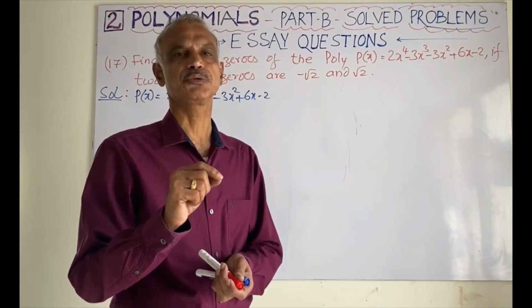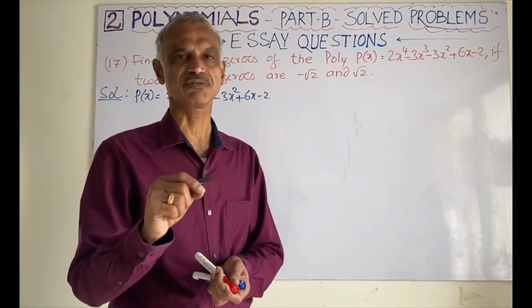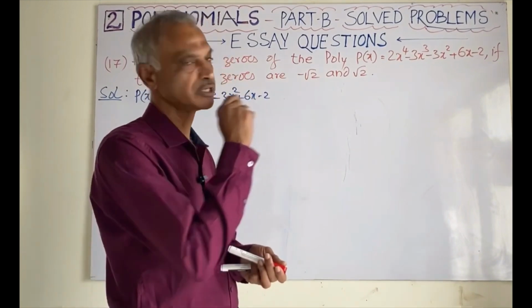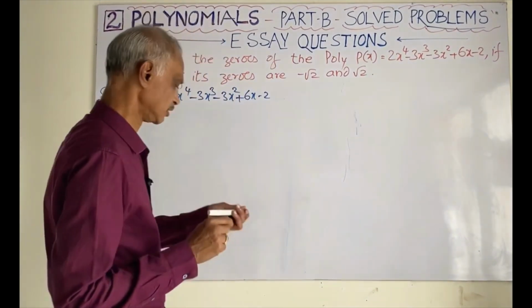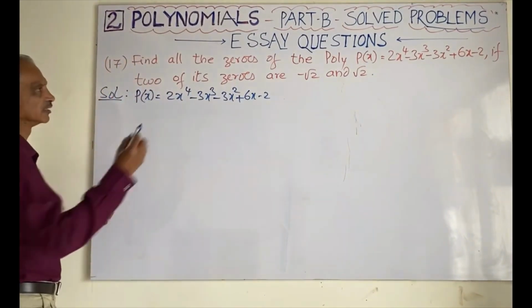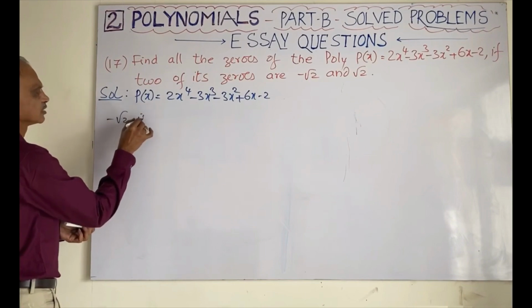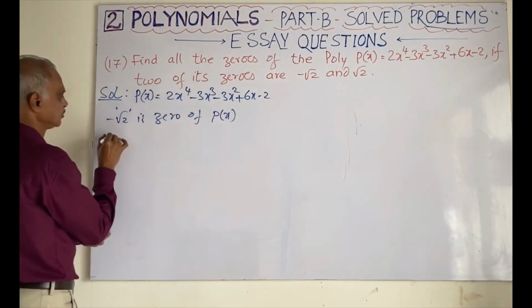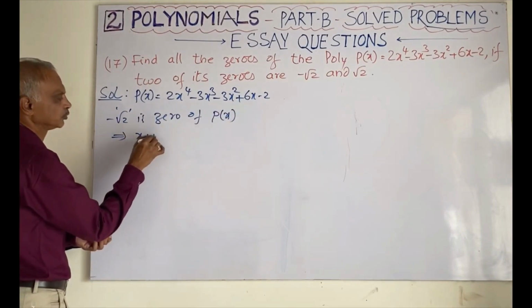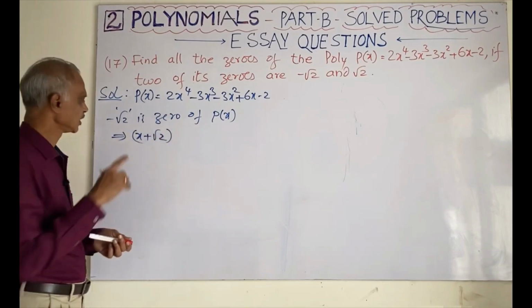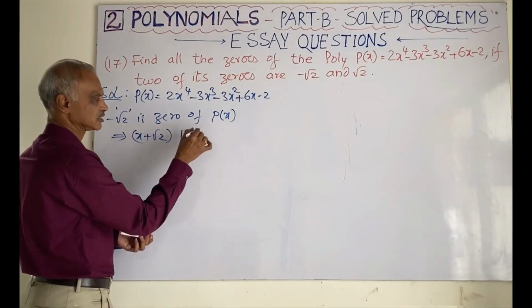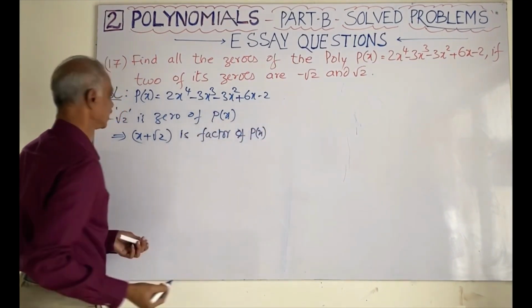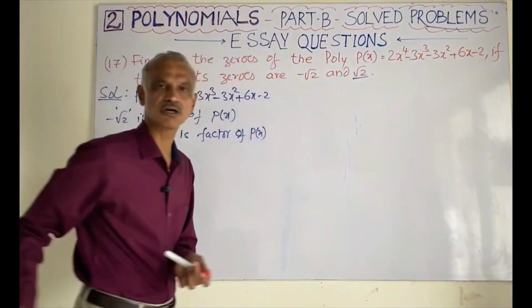If minus root 2 is a zero of that polynomial p of x, then you can say x plus root 2 is a factor of that polynomial by factor theorem.